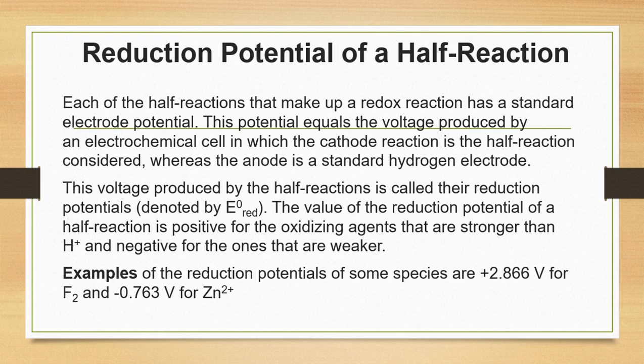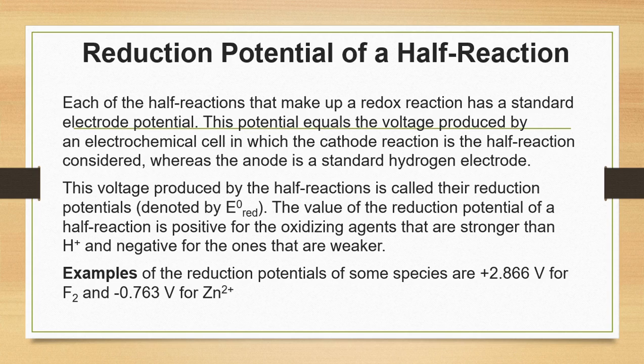Next, reduction potential of a half reaction. Each of the half reactions that make up a redox reaction has a standard electrode potential. This potential equals the voltage produced by an electrochemical cell in which the cathode reaction is the half reaction considered, whereas the anode is a standard hydrogen electrode. This voltage produced by the half reactions is called their reduction potential.